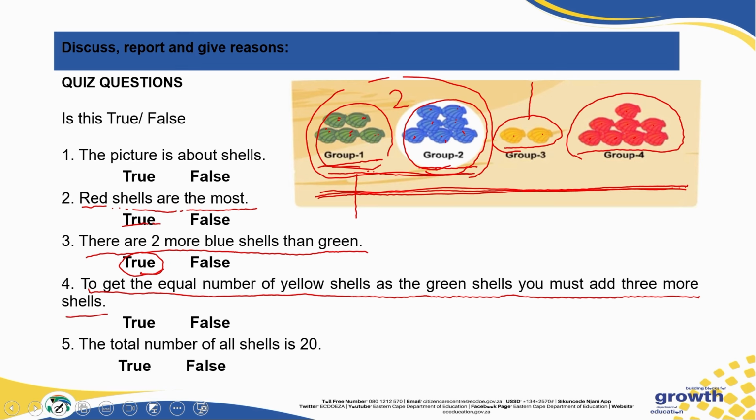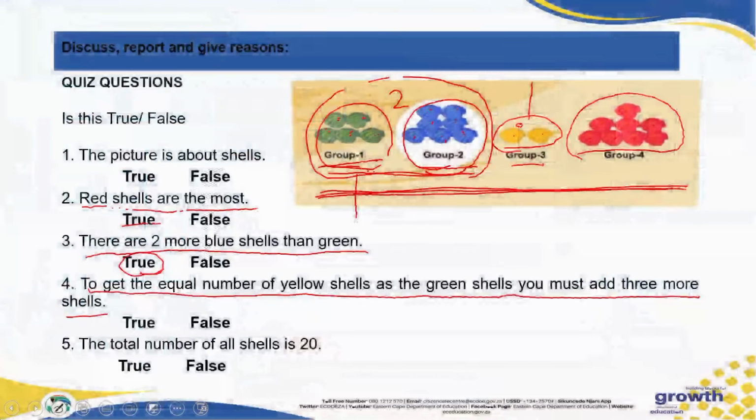We have 2 in yellow, we have 5 in green. If we want to see the difference between these two, what must we do? We have to compare them. Okay, these 2 go together and these 3 are left alone. So, what must we do to these so as to get the total number, which is 5?